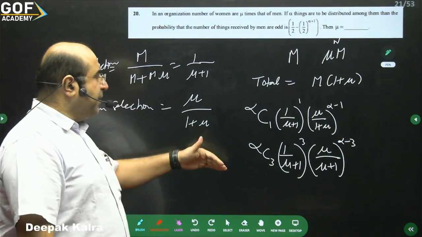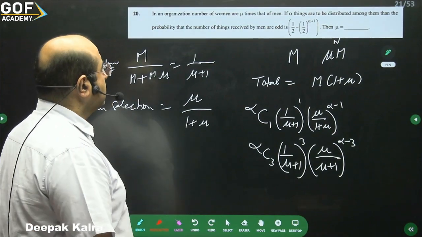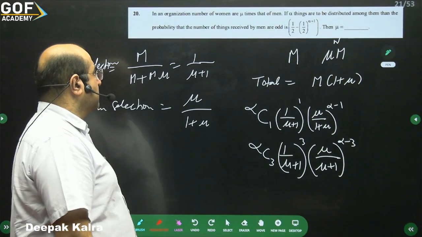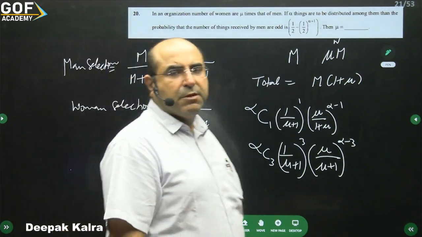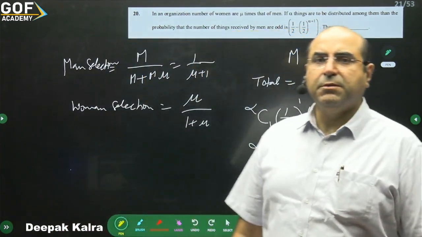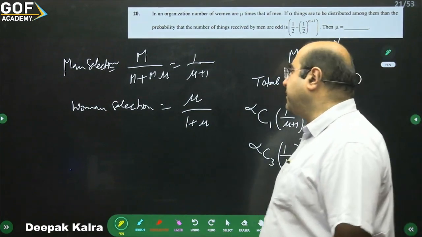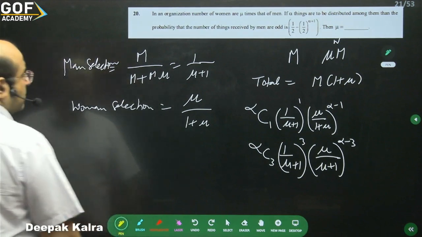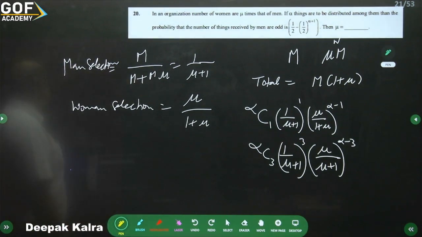1, 3, 5, 7. What do you think? Is it matching with what you feel? Is it possible? Tell me.